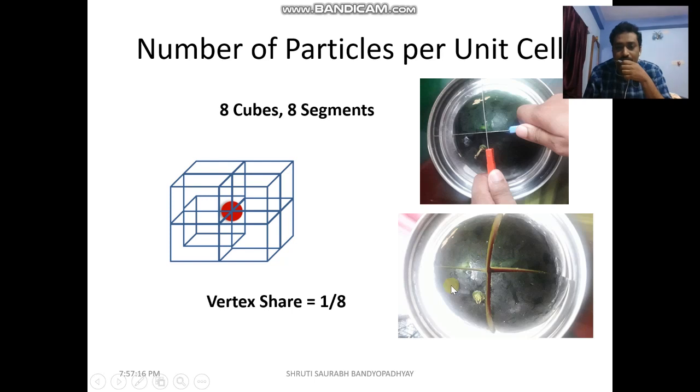So upper level 1, 2, 3, 4, lower level 1, 2, 3, 4. In this way, this spherical particle is distributed among 8 cubes, and one particle at the vertex point shares 1/8 of its volume. Clear?